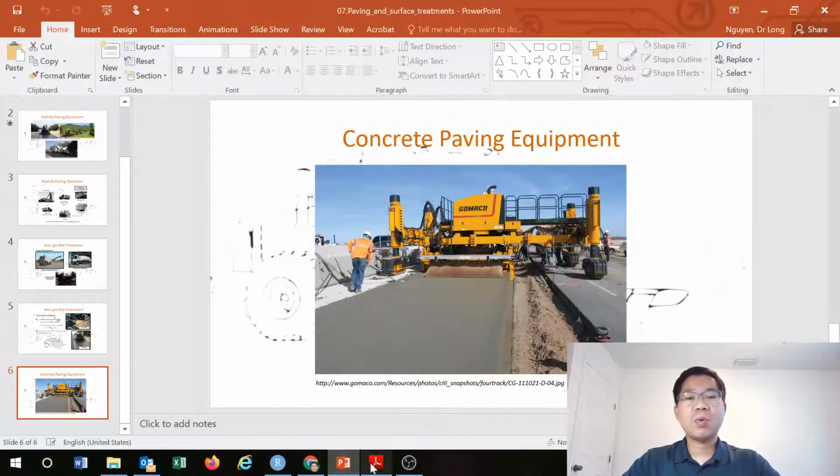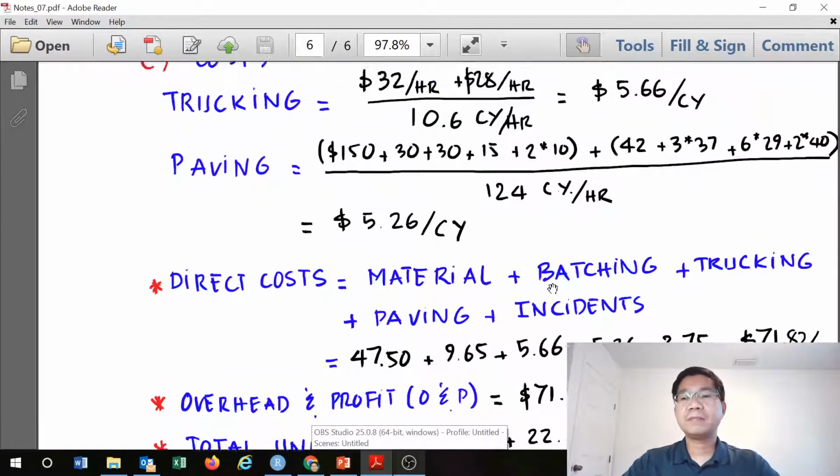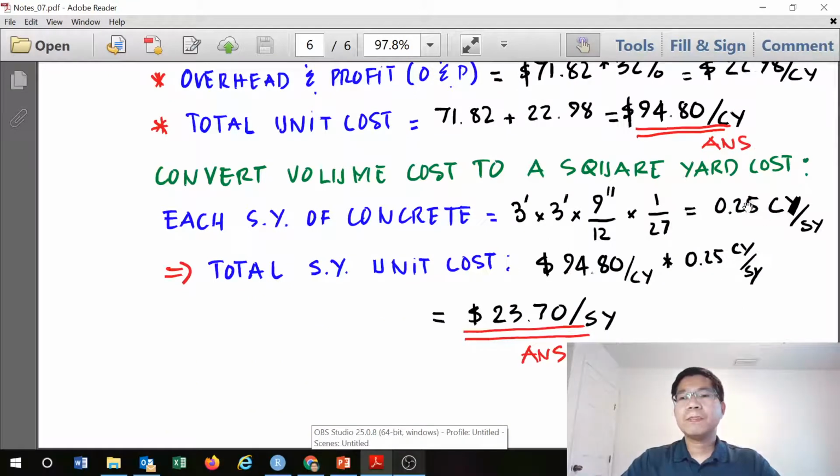With that, we can go back to find the total unit cost per square yard. This is the unit cost for 1 cubic yard, and each square yard is 0.25 cubic yard per square yard. So the cubic yard cancels out, and you get dollars per square yard. So it's $23.70 per square yard.